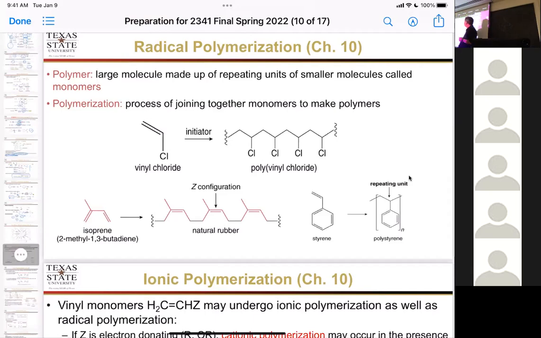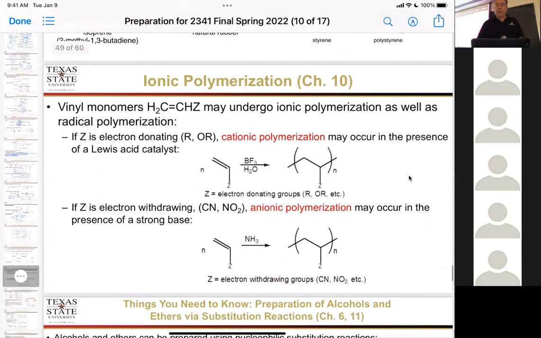This is the new bond formed right here, the new bond formed right here in each of these. But they can also do it anionically or cationically. We can do it with a carbocation, which will generate another carbocation, and it'll keep going and going because it's going to generate it at that same location. The anion is going to be here, the cation is going to be here, and it'll do that same kind of chain polymerization.